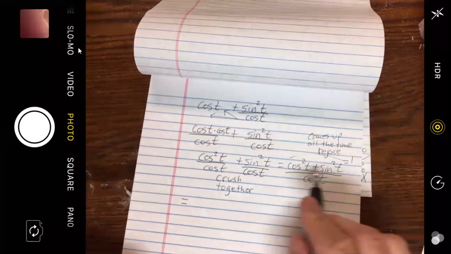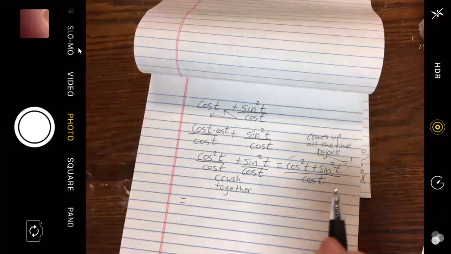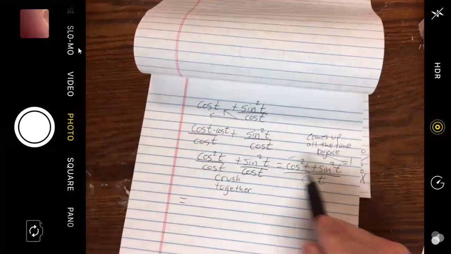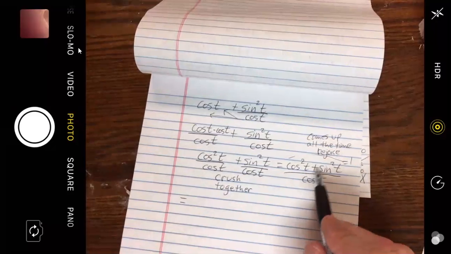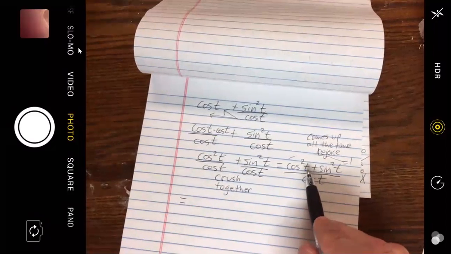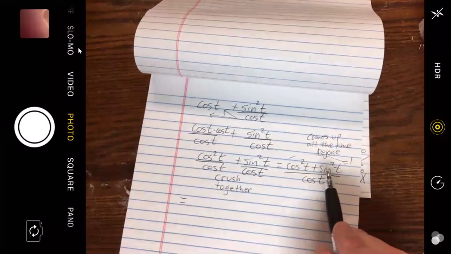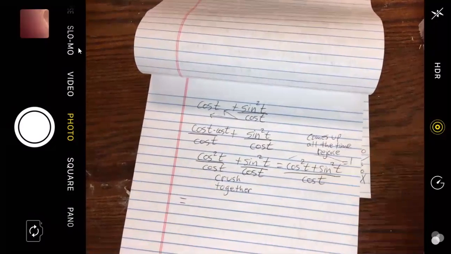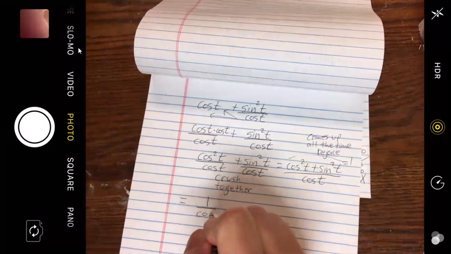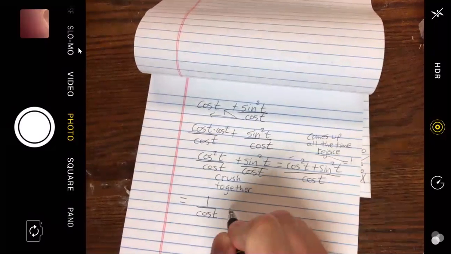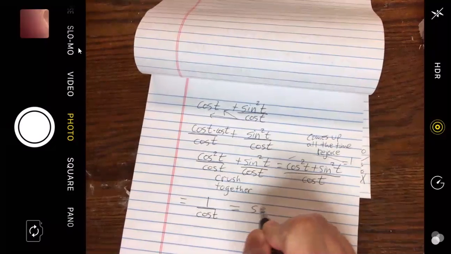It doesn't matter the order. They can give you all kinds of variations of it. The usual one in the book is sine squared plus cosine squared, but remember, it doesn't matter the order you add things. Even though it's reversed, it's all still 1. So that's 1 over a cosine. And they will usually simplify that to a secant.